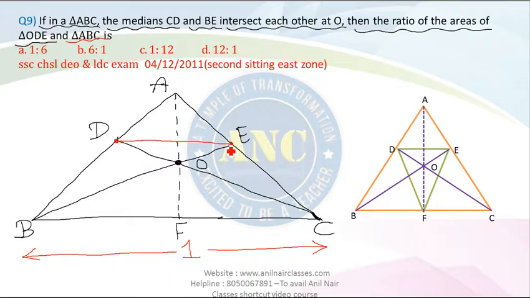D and E are the points, it is passing through the centroid, that is a median. CD is a median, BE is a median.